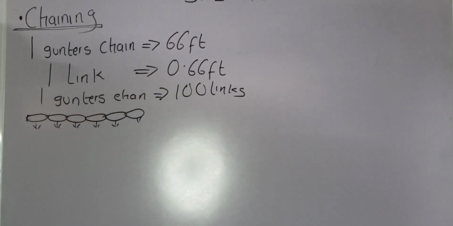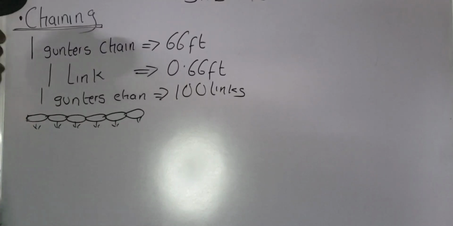Now let us look at a worked example on Gunter's chain. Write this down. What is the representation of 20 chain and 8 link in feet? Now, how do you change that to feet?